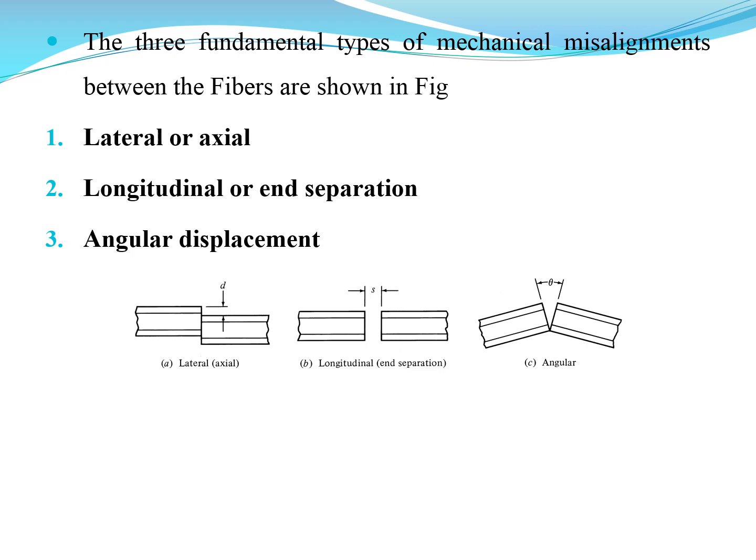Then we have angular displacement. If we join the fibers and there is an angle theta formed between the end faces of the emitting and receiving fibers, we call it angular displacement of the fiber, which is a misalignment.